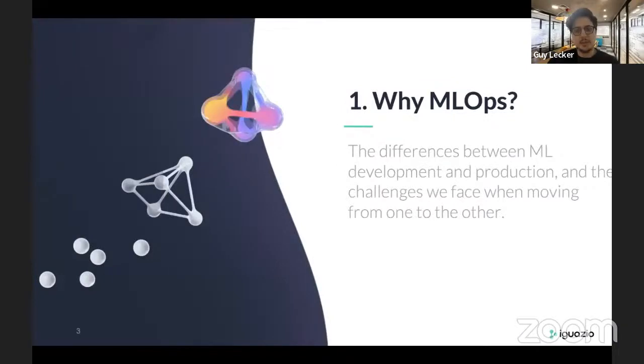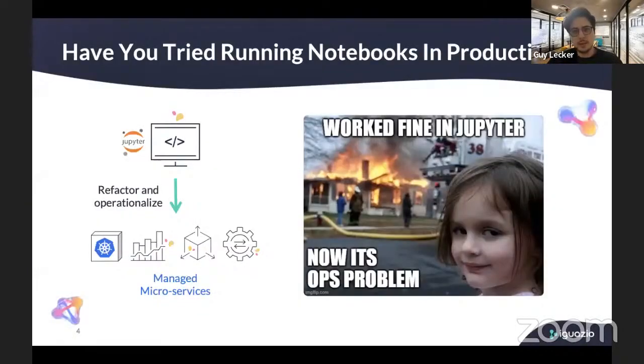MLOps is basically the set of tools that are needed to take your research and make it live for the users to use it. But did anyone try to deploy his notebook somewhere in a cluster or a server? It's not that easy.